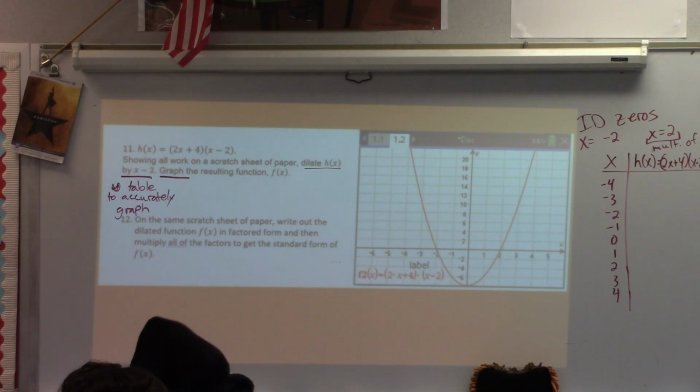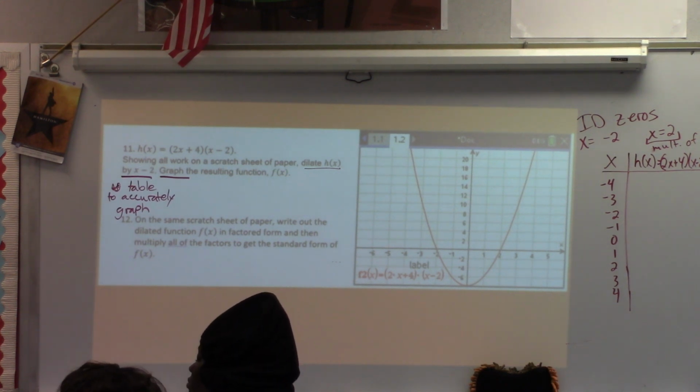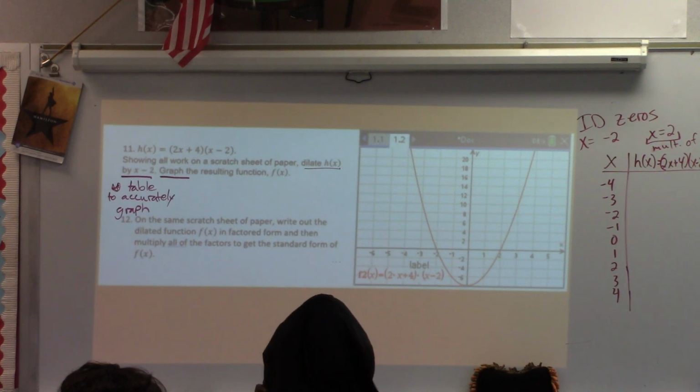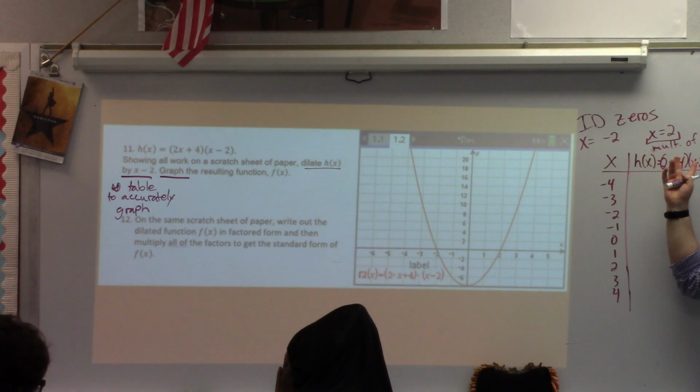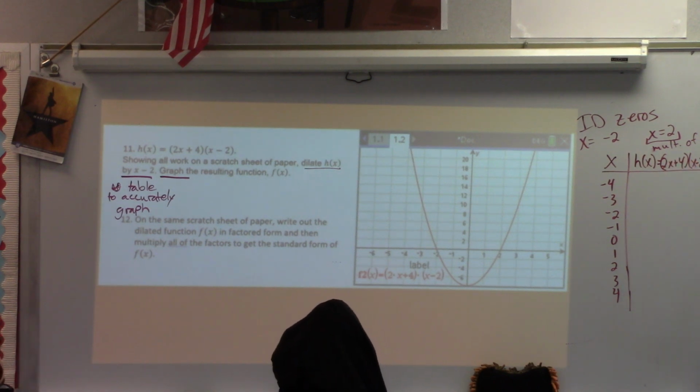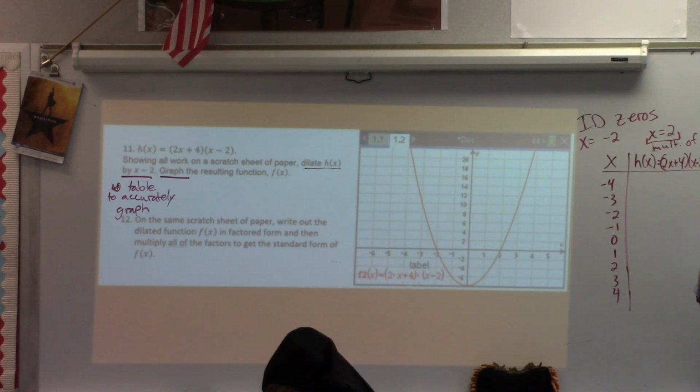So 2 quick things, because I want this to be so much easier than most of y'all are making it. Yes, can I substitute these x values in? Yes. And remember, I will point out, in the calculator, remember how you can scroll up and highlight an expression you've already done and hit enter and bring it down so it can speed up your process? I would take advantage of that.